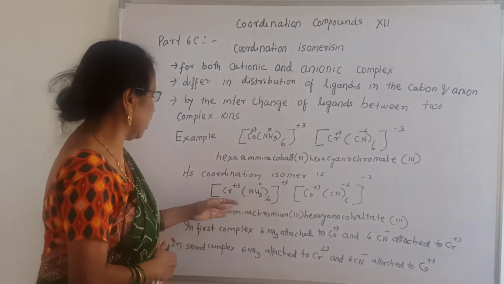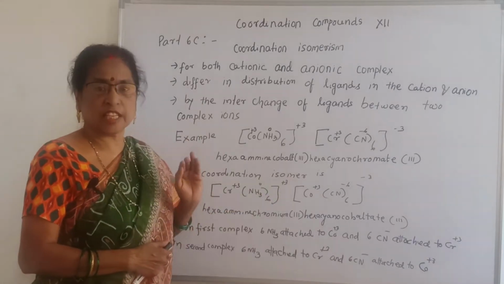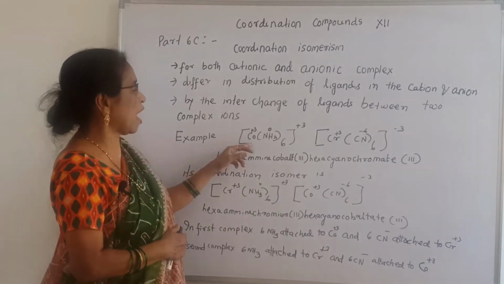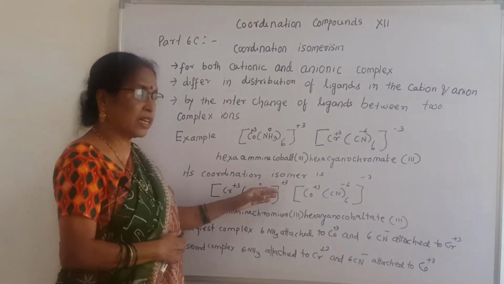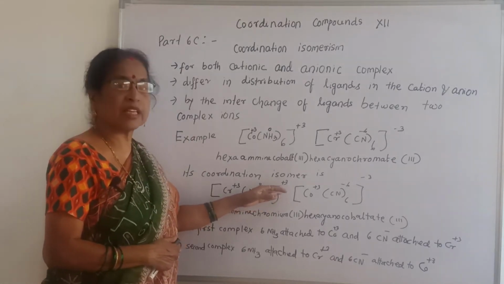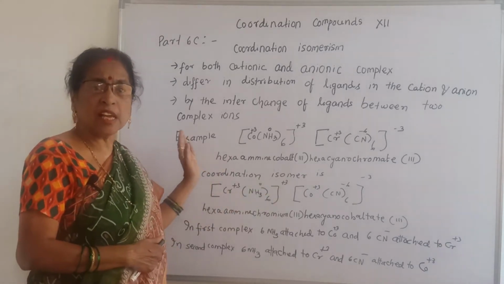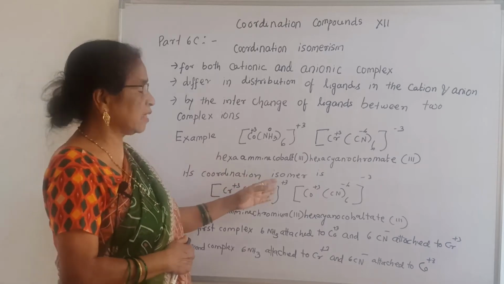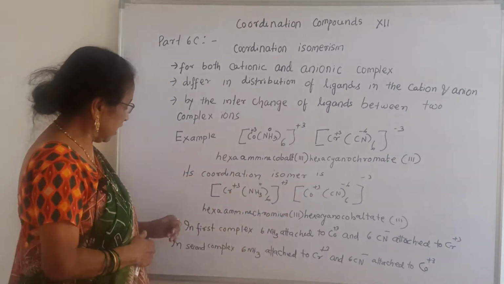For that, you see this is plus 3 and minus 3. Always remember, when you write coordination isomerism, the cationic complex ion, with the plus charge, should be on the left side and the anion on the right side. So this is the result. Then what is the name?